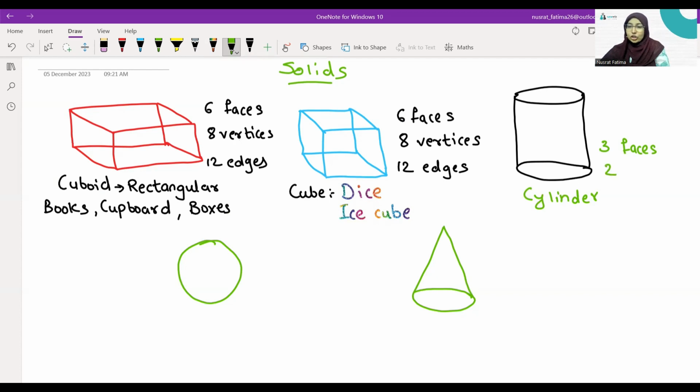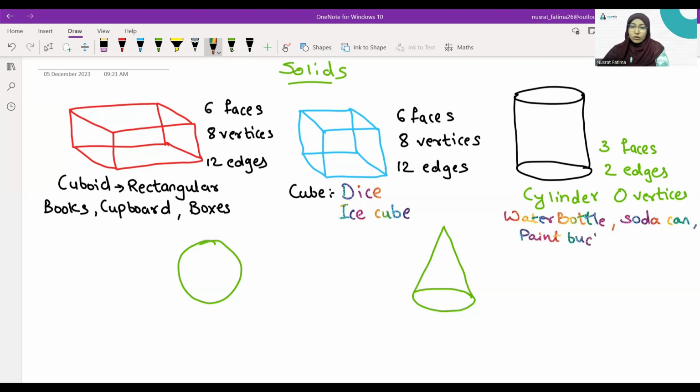It has 2 edges and it has 0 vertices. And you will again find out there are so many things which are cylindrical in shape if you look around you. A water bottle, a can of soda, right? A paint bucket are all cylindrical in shape.